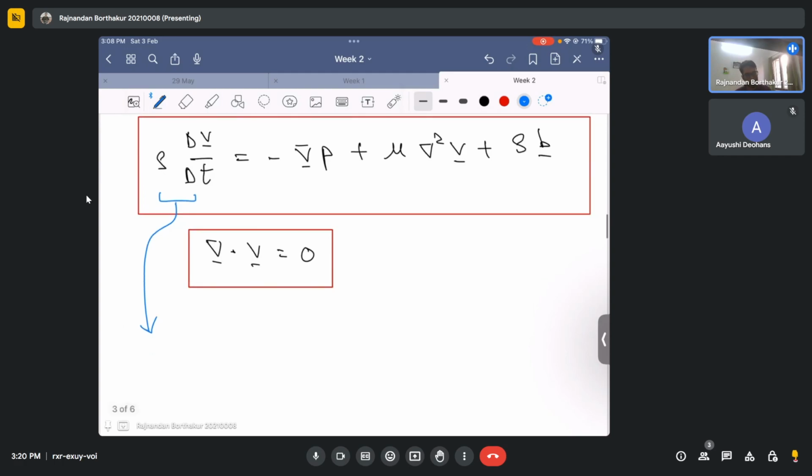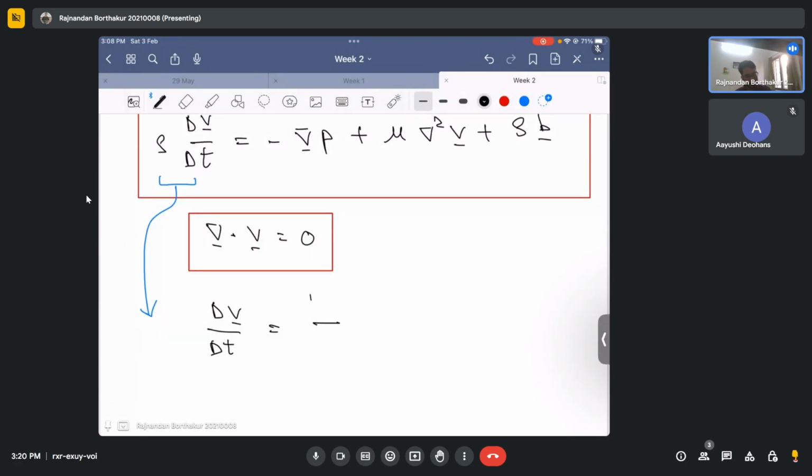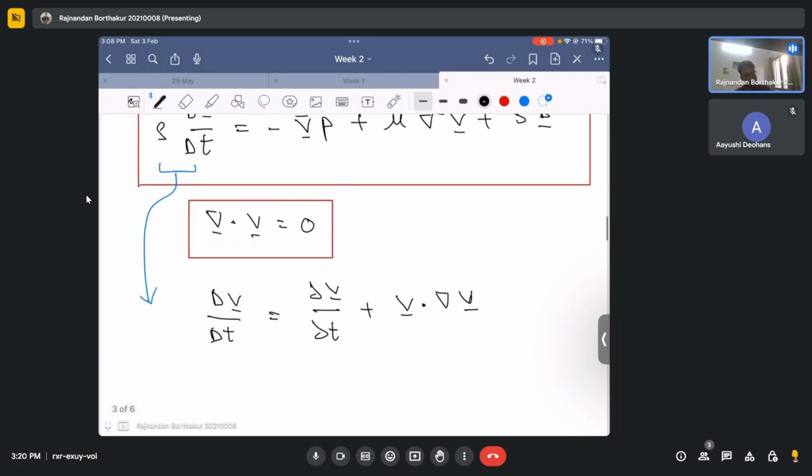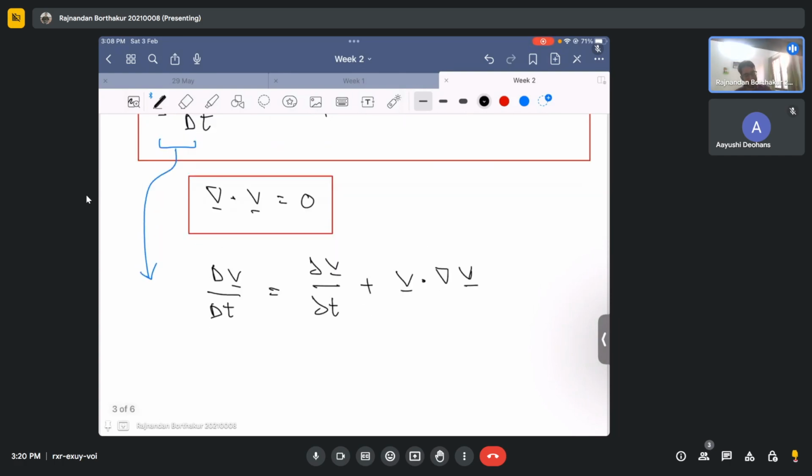As you said, you can write this total derivative dv by dt as basically the partial derivative, del v by del t, plus v dot grad of the velocity field v. This is the definition of the total derivative, as you have rightly pointed out.